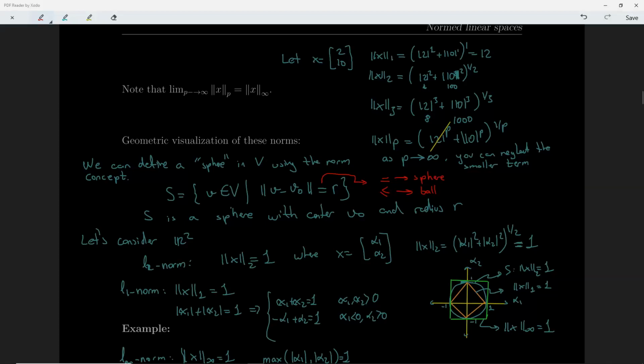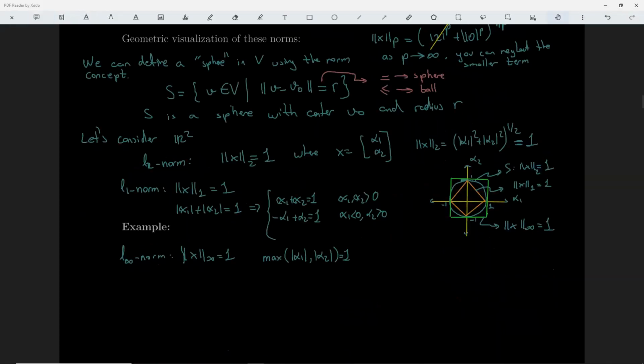Anyway, so we said that, okay, let's try to plot these spheres for different values of p norms. And I showed you another animation on the slides, and we were able to plot those unit spheres.